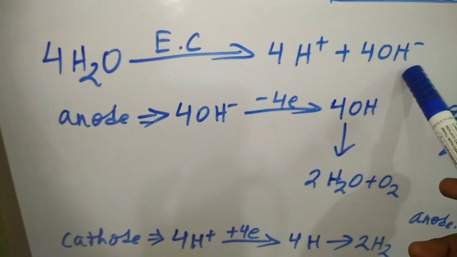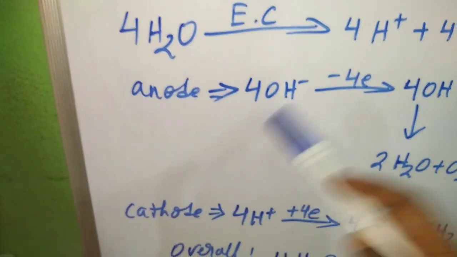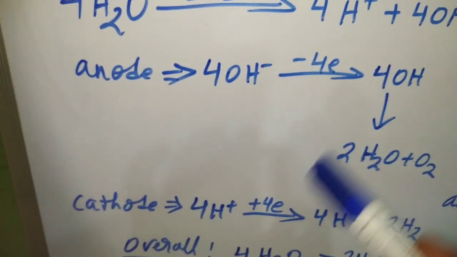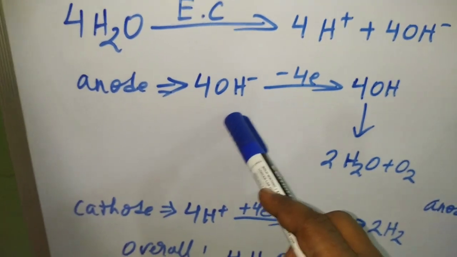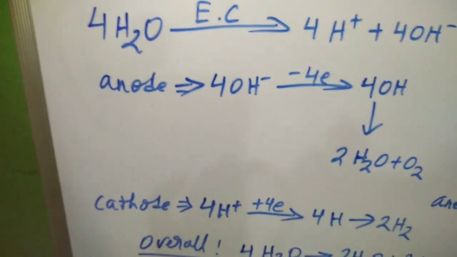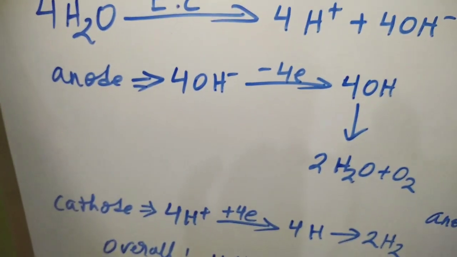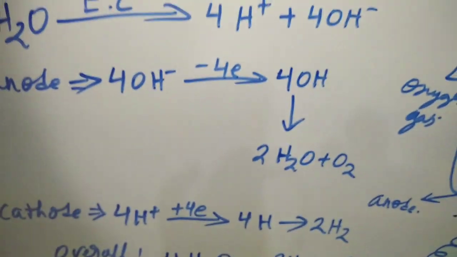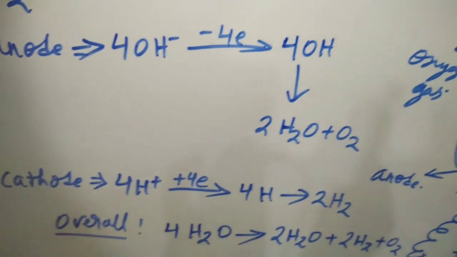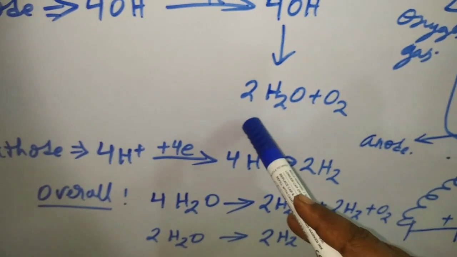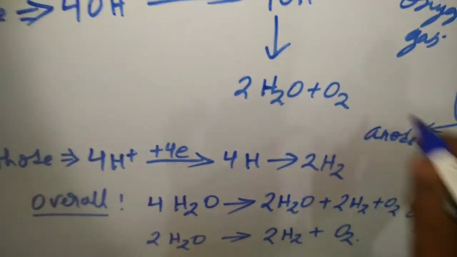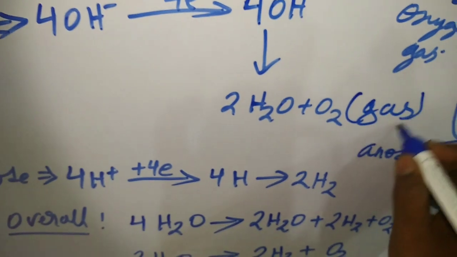This anion will be carried to the anode electrode. 4 OH minus will release 4 electrons, and after releasing 4 electrons, it will become 4 OH, which further reacts and rearranges itself, forming 2 moles of water and oxygen. This oxygen is in the form of gas.